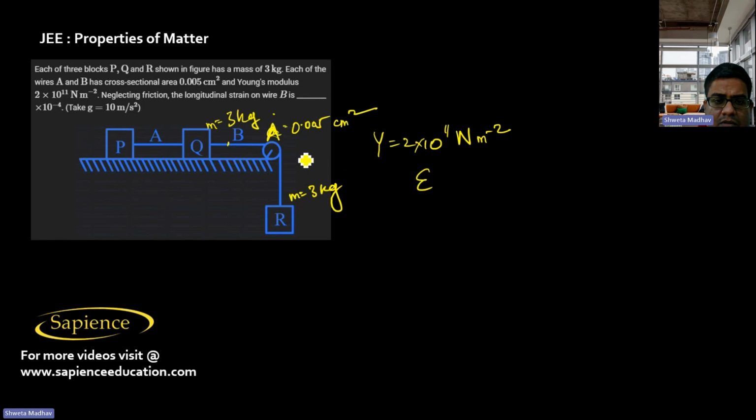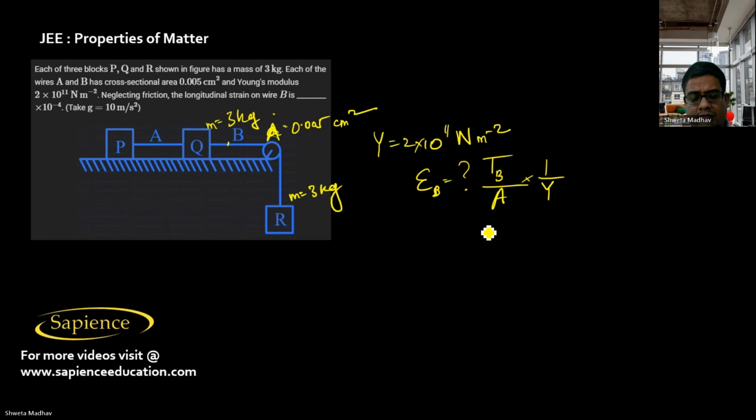The longitudinal strain on wire B, epsilon B, that we have to find, is the stress, that is the tension force in the wire B divided by area of cross section, divided by Young's modulus. So that will be the strain.